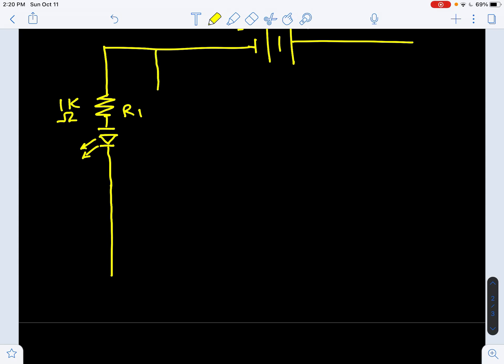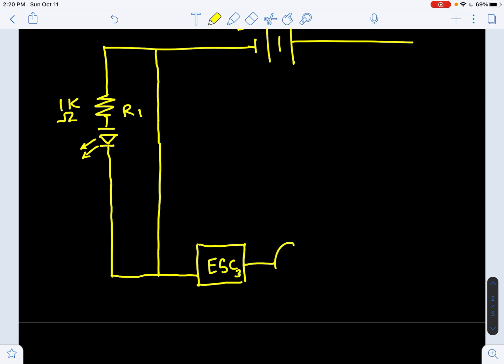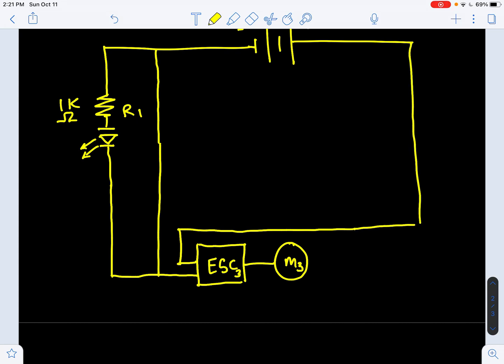Additionally, we have a circuit that is going to be containing our motors, ESC3. We have our drive motor and ESC.